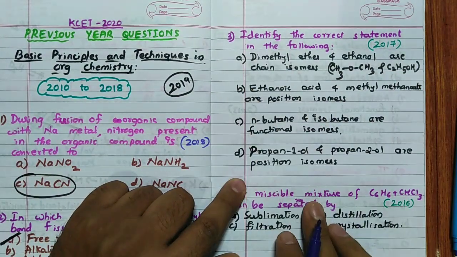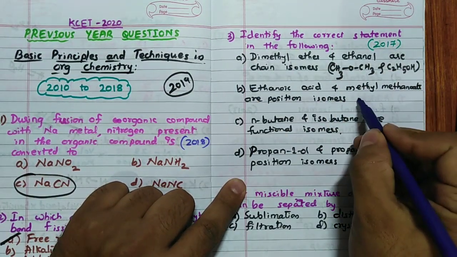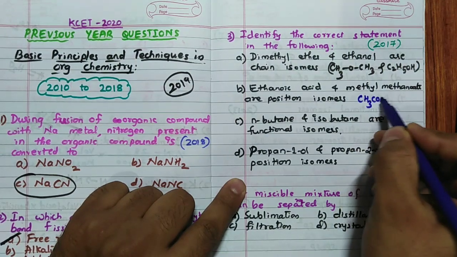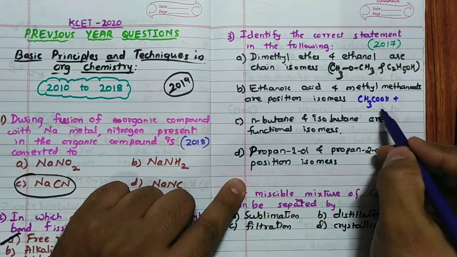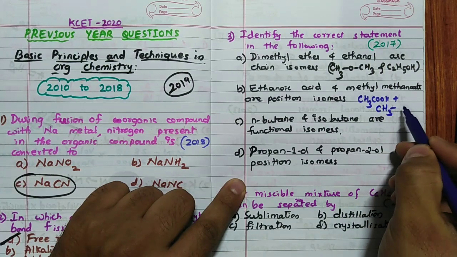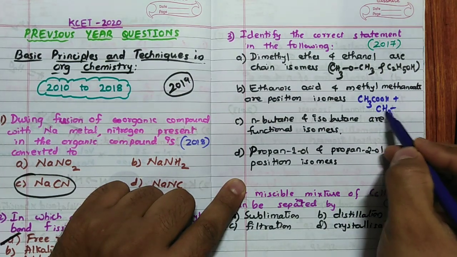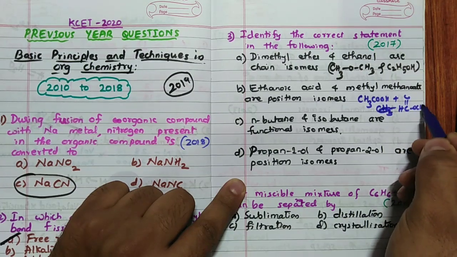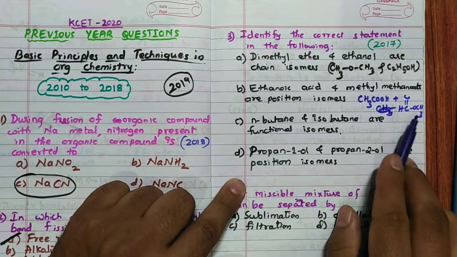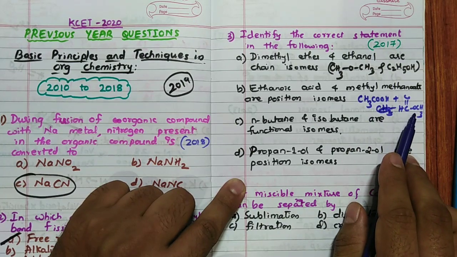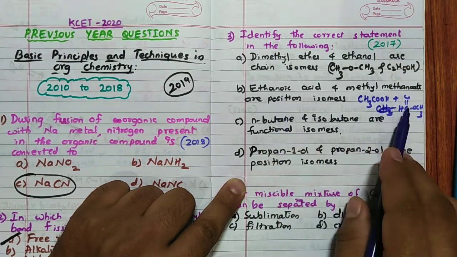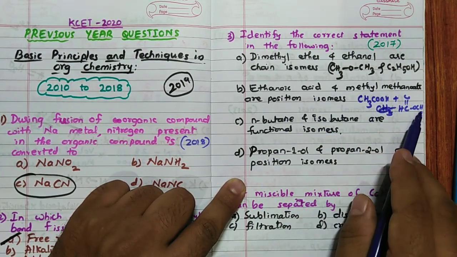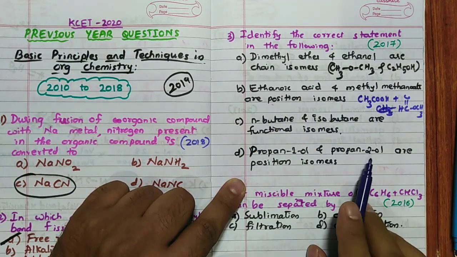Hence this is not the answer. Ethanoic acid CH3COOH and methyl methanoate HCOOCH3 have the same molecular formula, but the functional group is different, functional isomers. Hence positional isomer is wrong.